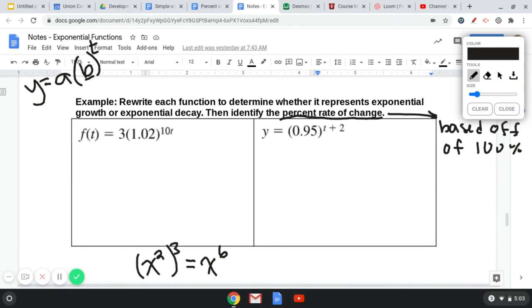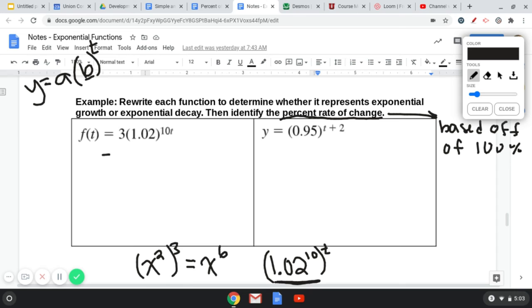Well, y'all, can't we write 1.02 to the 10t as 1.02 times 10 to the t power? Isn't that still the same thing? And then we will have a number once we evaluate 1.02 to the 10th power, and then we'll have a number to the t.